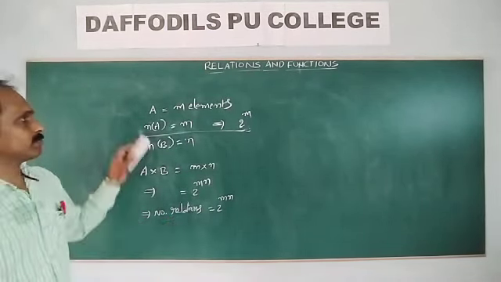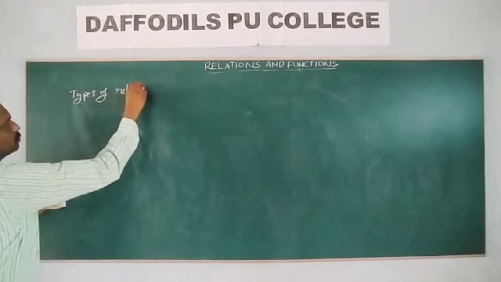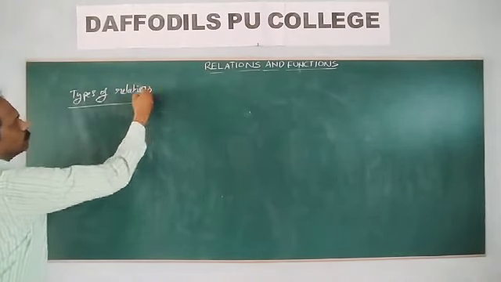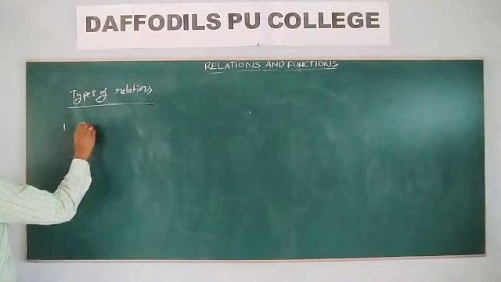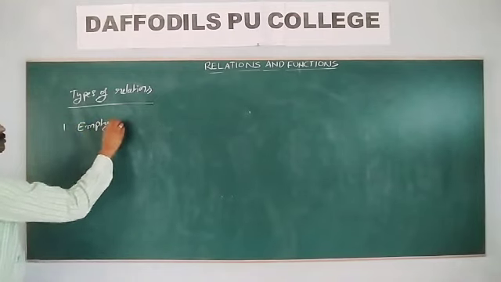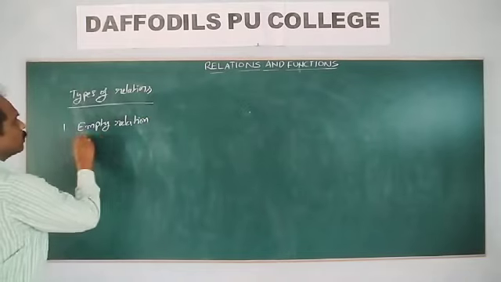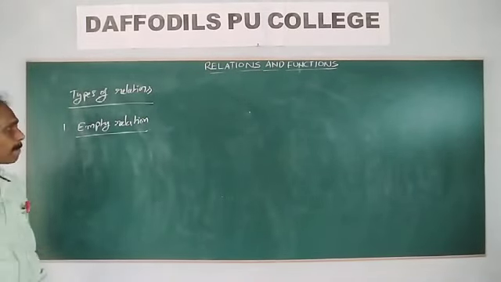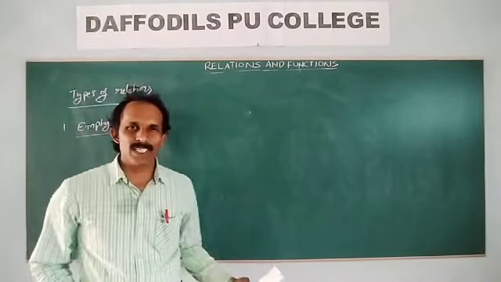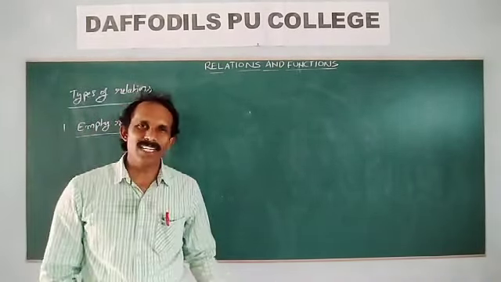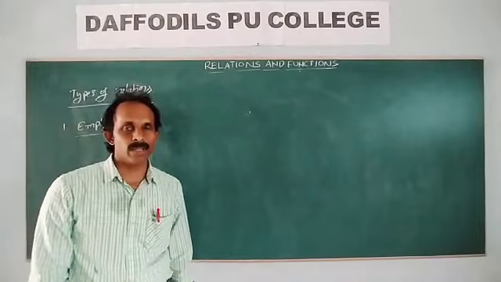Okay, types of relations. One, empty relation. Empty means empty. There is no relation between two elements, the two things, anyone.